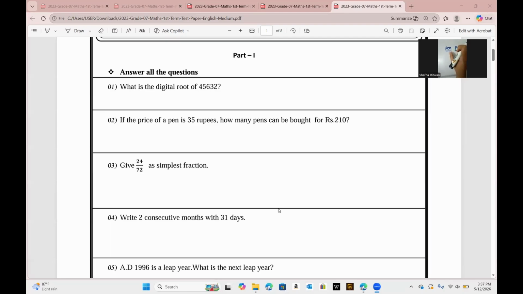So here, they have bought only one pen at 35 rupees. They are asking you how many pens you can buy at 210 rupees. Now let's see how to find the answer.